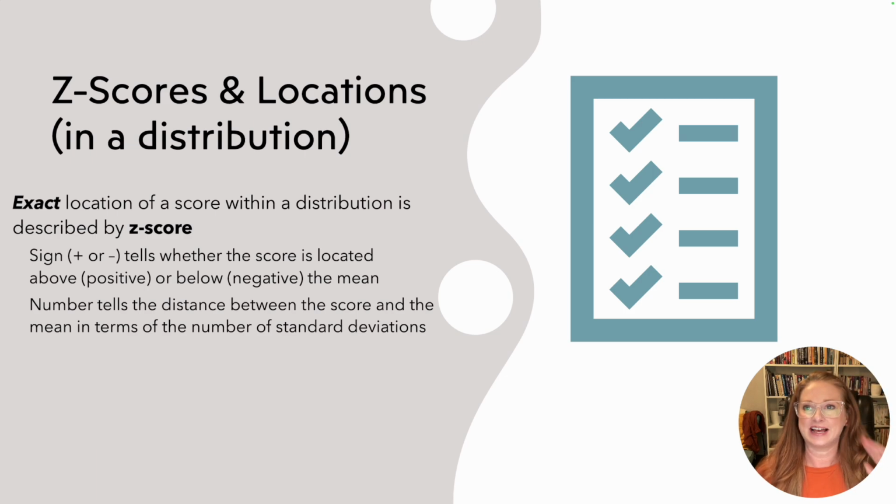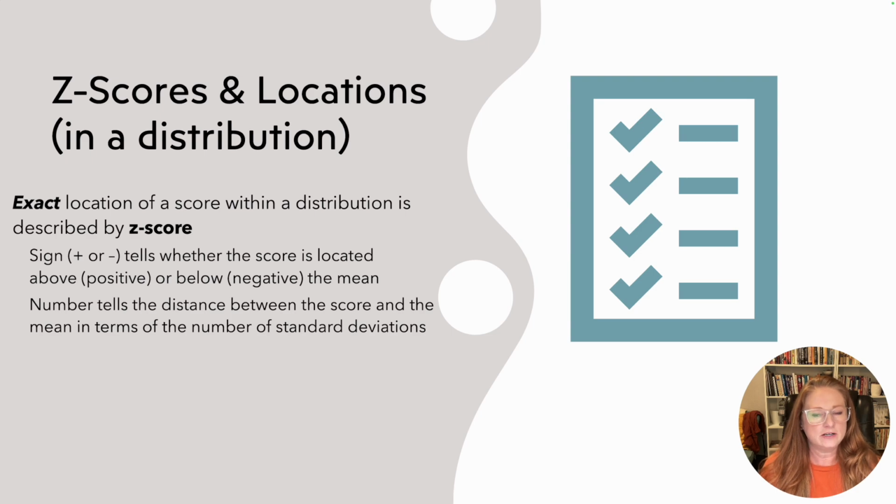It just means that the raw score is above the mean. A negative z-score is below the mean. If I have a raw score of 14 and the average is 16, I have a negative z-score, depending on what the standard deviation is.